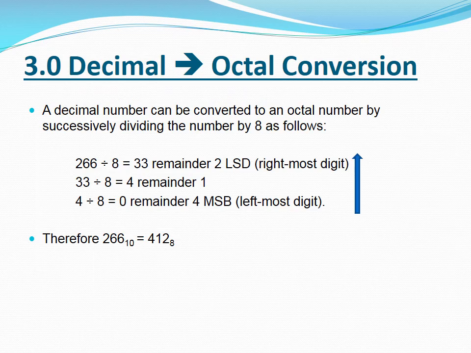This is the process. Next, decimal number to octal conversions. A decimal number can be converted to an octal number by successively dividing by 8 as follows. 266 divided by 8 is 33, the remainder is 2. 33 divided by 8 is 4, the remainder is 1. 4 divided by 8 is 0, the remainder is 4.